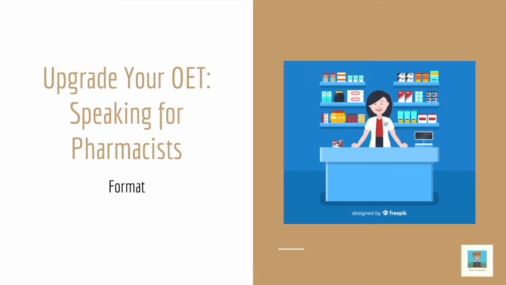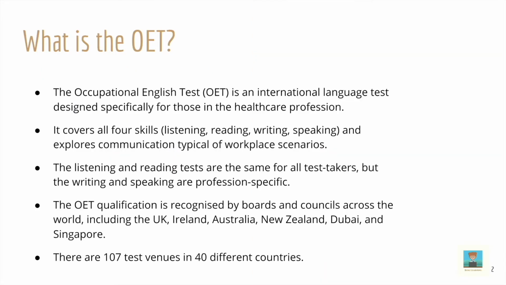Well then, let's start at the very beginning and the format of the OET itself, and we'll focus especially on what it means for you as a pharmacist. What is the OET then? Well, the Occupational English Test, or OET, is an international language test, and it's designed especially for those in the healthcare profession.